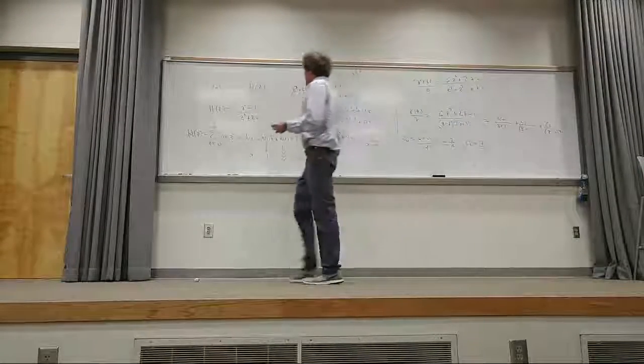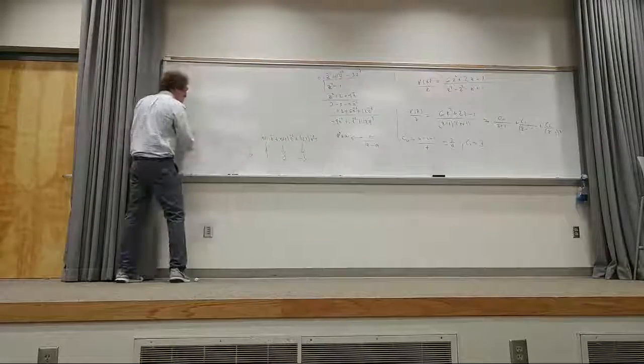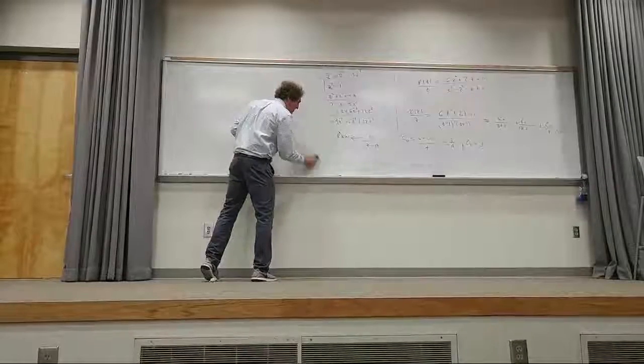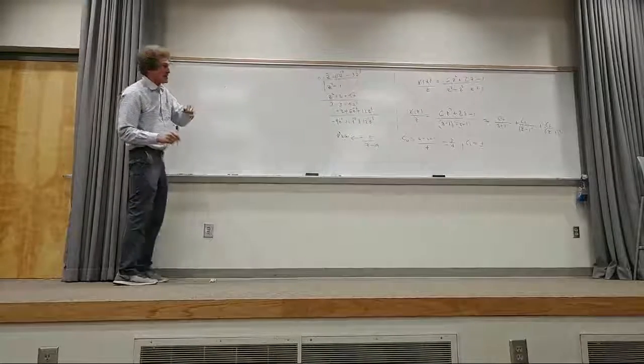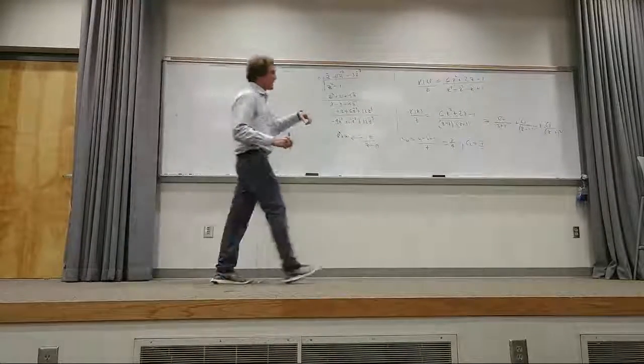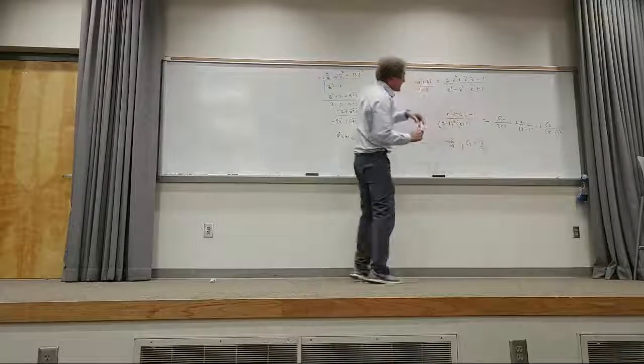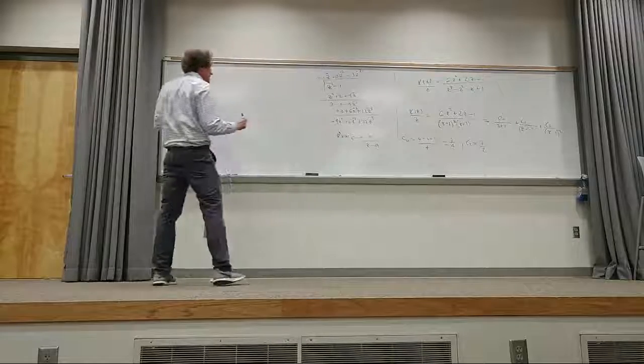If you want to do the common denominator one, we'll do that one too, but let me do this second one first. If I wanted to get C1, I'd multiply this by Z minus 1 squared and take the derivative.